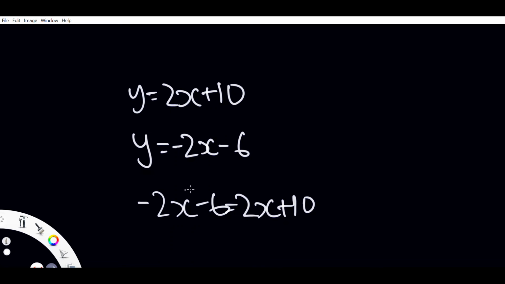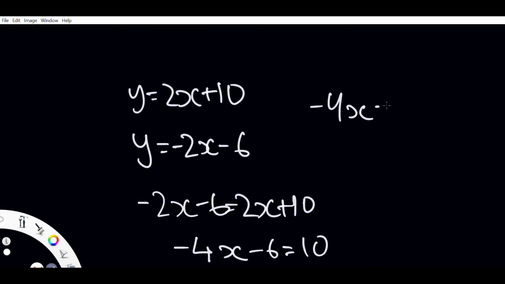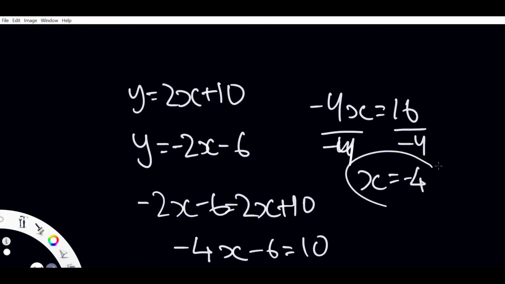Then we can bring over 2x to this side to get negative 4x minus 6 is equal to 10. Then we can bring over 6 to that side to get negative 4x is equal to 16. And then we can divide both sides by negative 4 to get x is equal to negative 4.